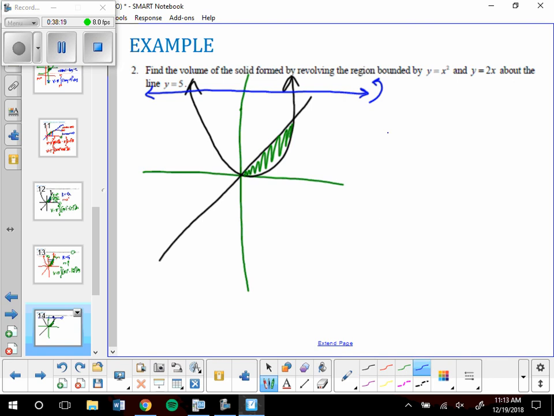For our big R, our outer radius, which function is actually farther away from the axis of revolution? x squared. So we're going to draw from here all the way up to the axis of revolution. How would we describe that height? Top minus bottom, 5 minus x squared.